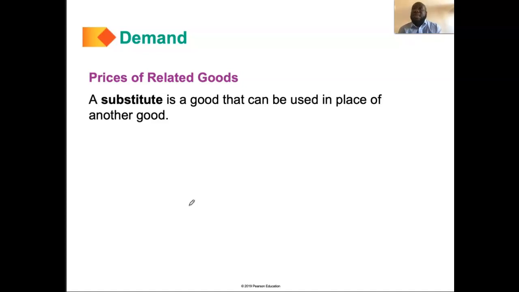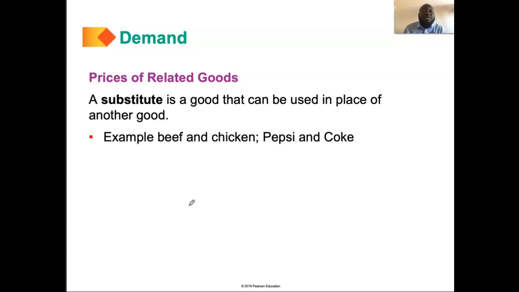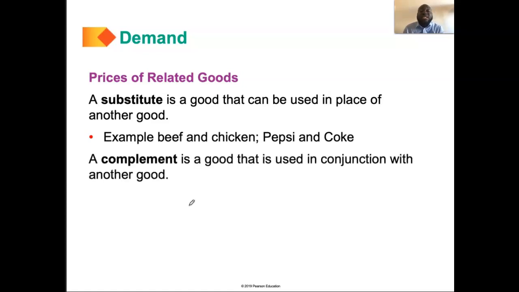So an example is Pepsi and Coke, or beef and chicken. Those are substitute goods. Okay, and we have a complement, right? A complement good is a good that is used in conjunction with another good, right? So for example, we have tennis rackets and tennis balls. You can't play tennis without having a tennis racket and a tennis ball, right?